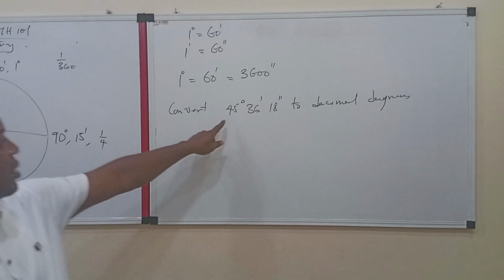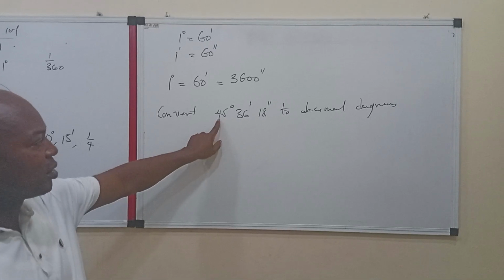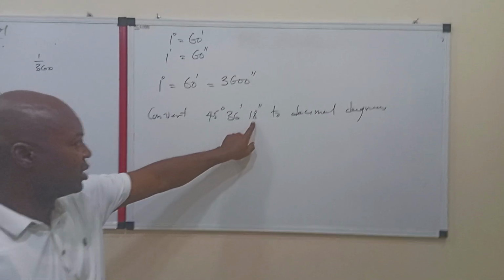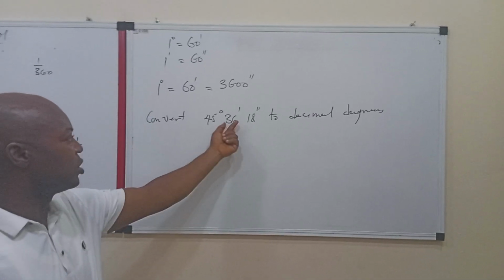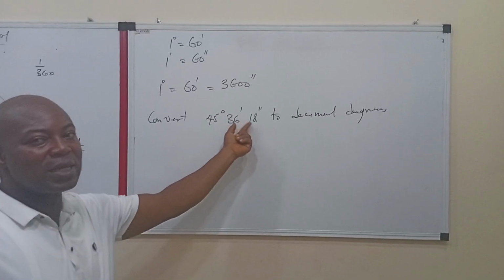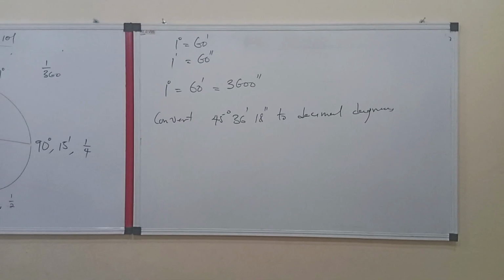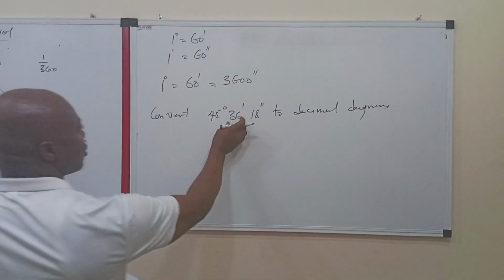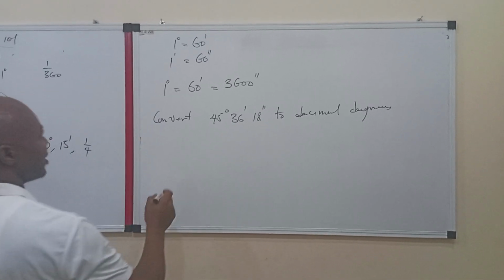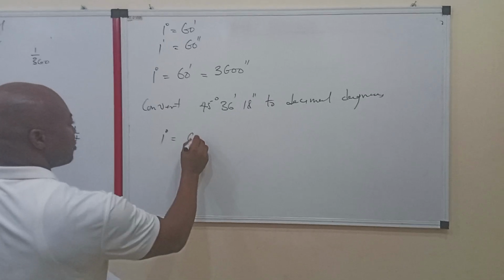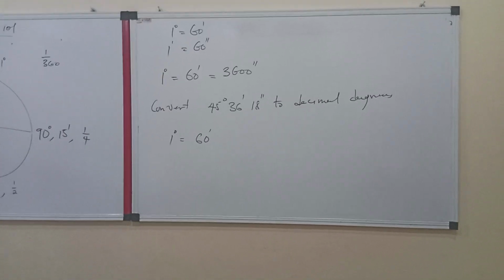Now, this side is already expressed in degrees, this side is in minutes, and this one is in seconds. So all we need to do is convert the minutes and seconds to decimal degrees. Concentrating on this side, we already have that 1 degree is equal to 60 minutes.